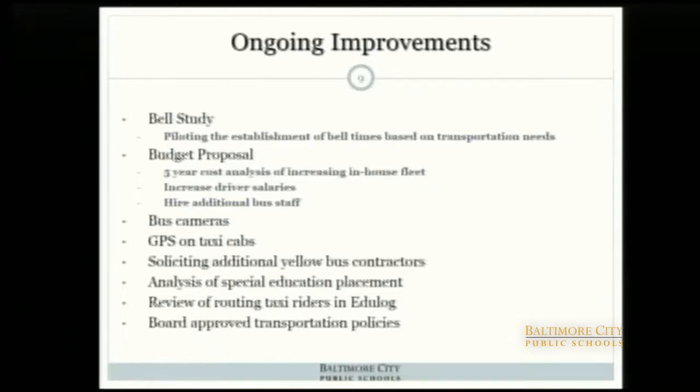So that limits the number of buses that we can use more than once, because they're all being used around the same time. So to pilot this, we've started looking at swing space schools for next year, and we tiered them between 3 bell times: 7:30, 8:30, and 9:30. So that's going to allow us to transport much more swing space students with less buses.